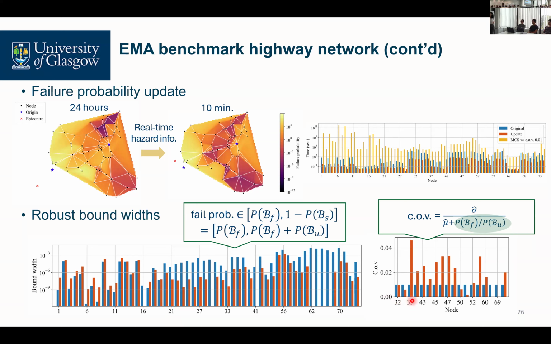And also surprisingly, in the case where we performed MCS, because of the presence of this buffer term, even if the component probabilities changed and the COV by MCS samples changed, we could still get a good enough COV.